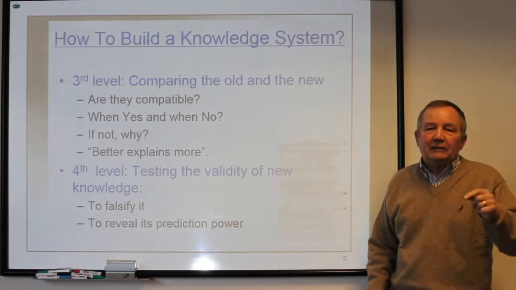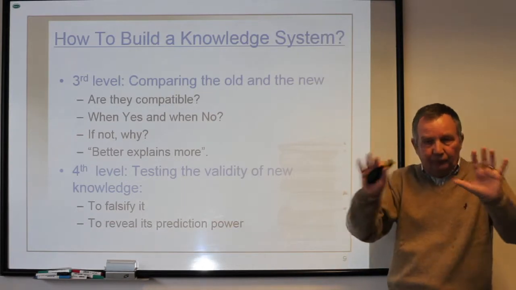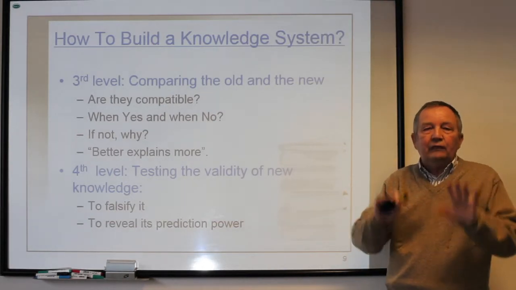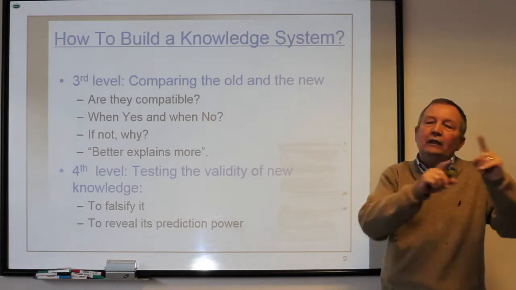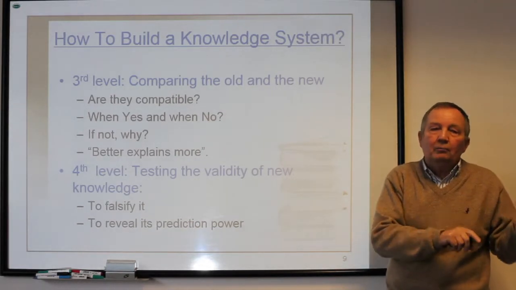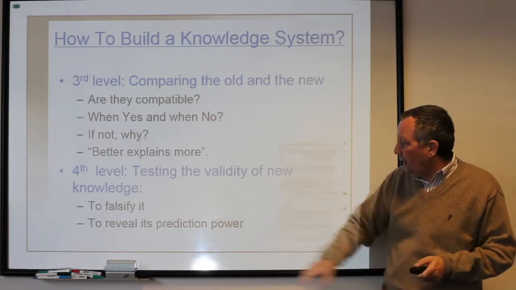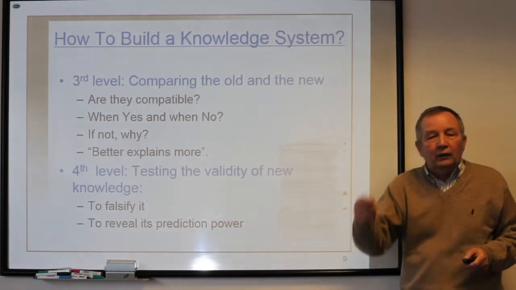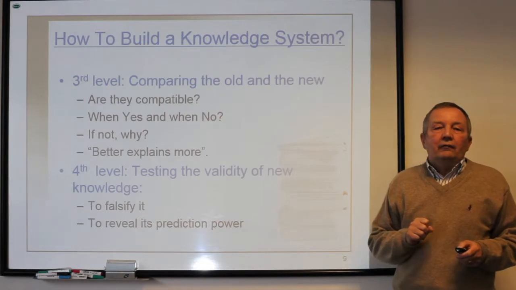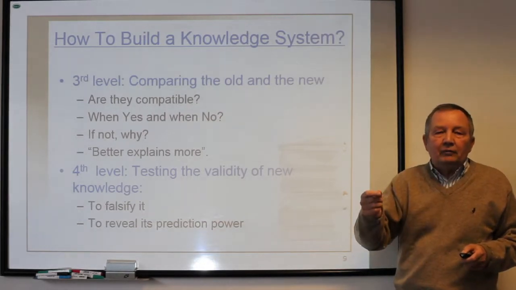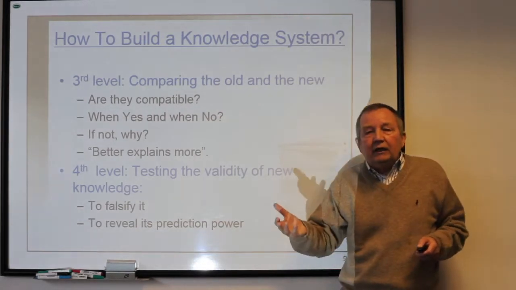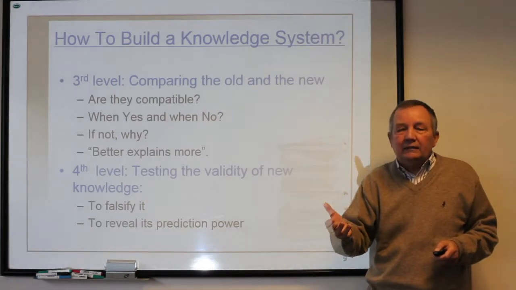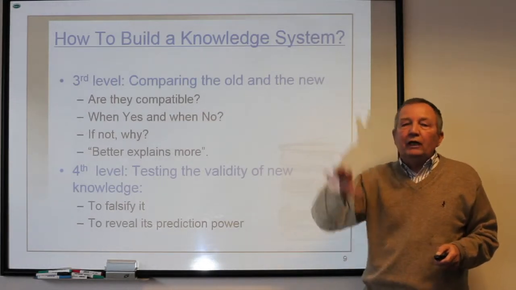So it must be so solid that if you find new facts, you can revert the previous ones. And it also means to reveal its prediction power, because in fact what we do with science is we build it because we would like to predict something.